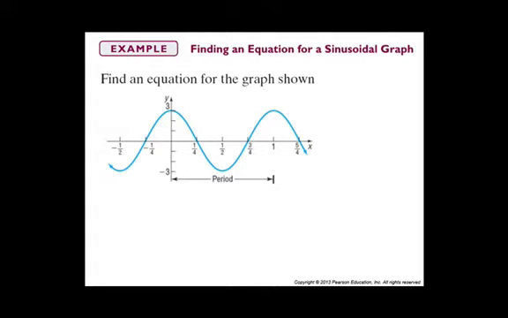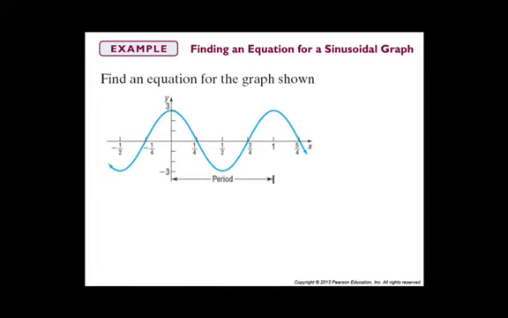We also notice that it starts at the very top. So we have 3 cosine, and the value that we're in question is the period piece. We know that we go from 1 full rotation because we go from 0 to a quarter of a circle to a half a circle to 3/4 of a circle to 1 full circle.